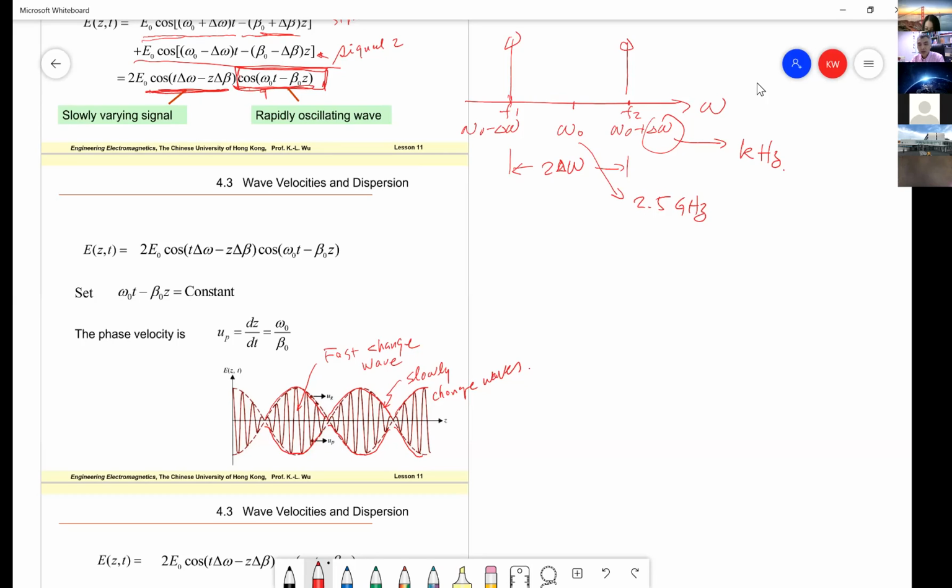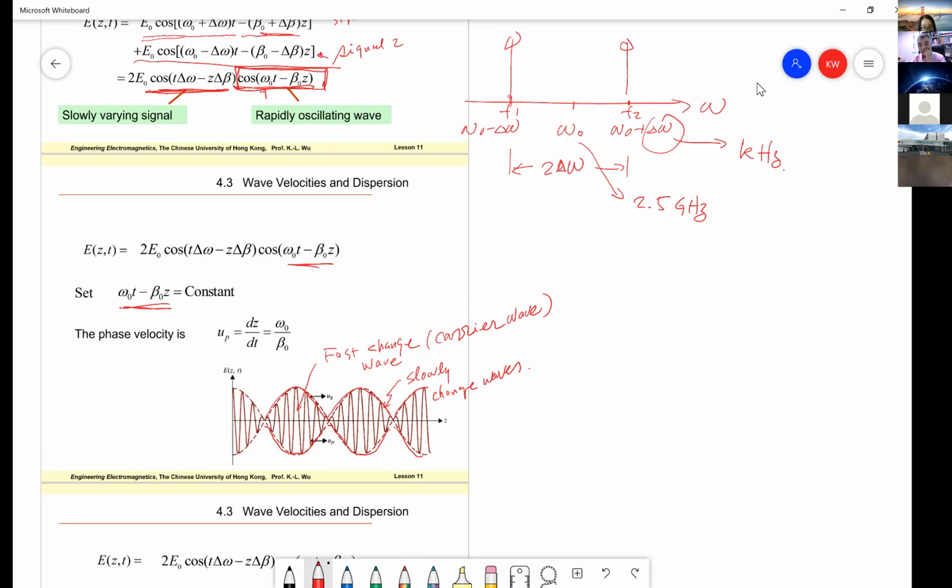This is a very important conclusion. This fast part we call the carrier wave.